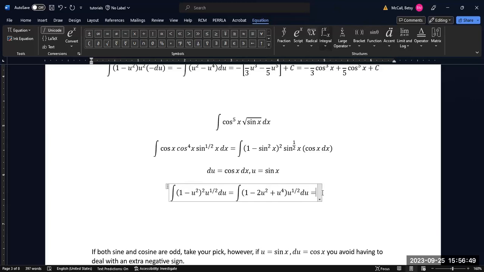And that's going to give us u to the 1/2 minus 2u to the 2 plus a half, which is 2.5, or 5/2. And then u to the 4th is 4 plus a half, which is 4.5, or 9/2.